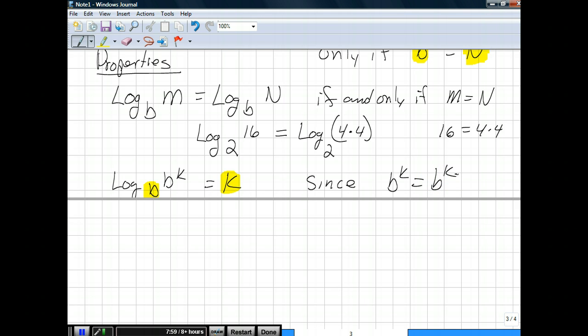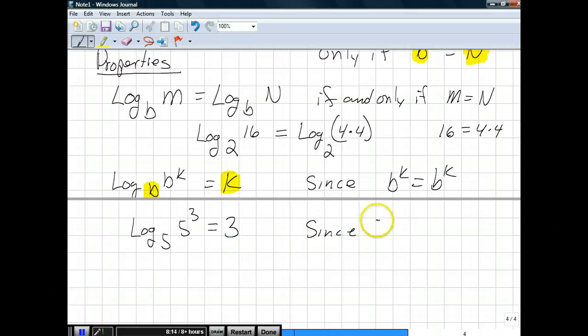So in number form, if I have log base 5 of 5 cubed, that has to equal 3. Because if I take it out of log form and put it into exponent form, the base to the power has to equal the value. So 5 to the third has to equal 5 to the third. Okay?